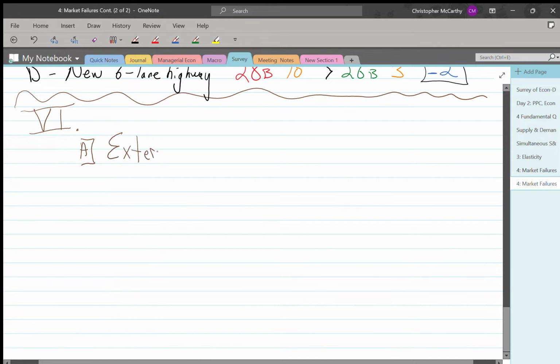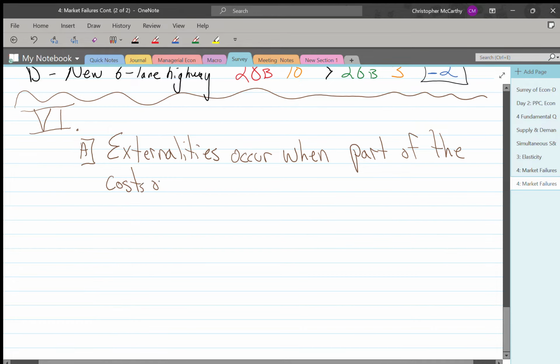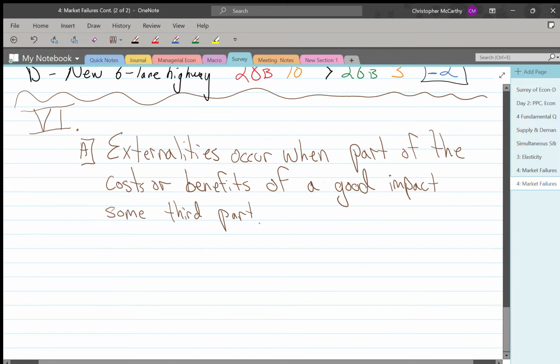So externalities occur when part of the costs or benefits of one good affect or impact some third party that is external.